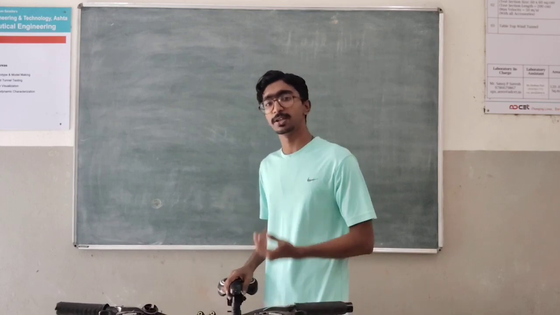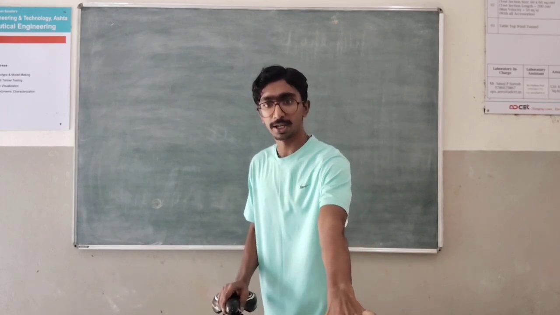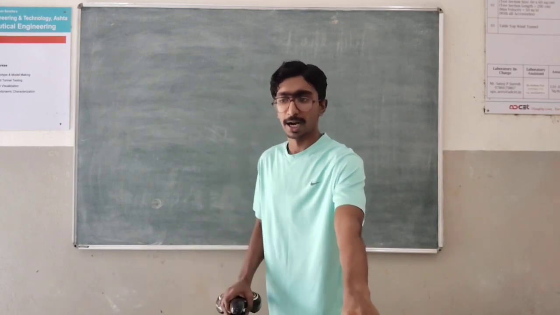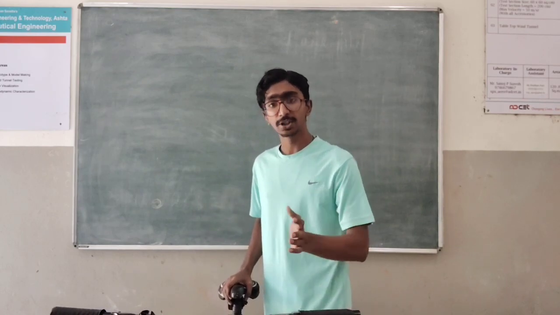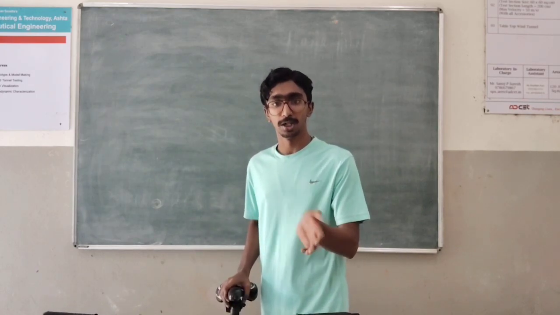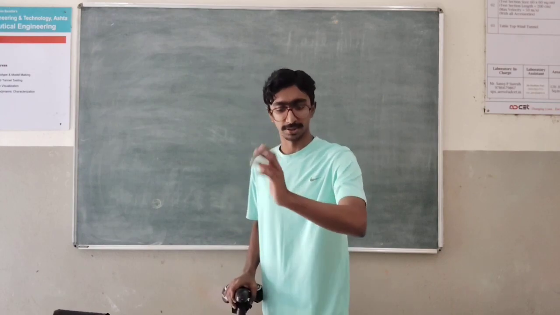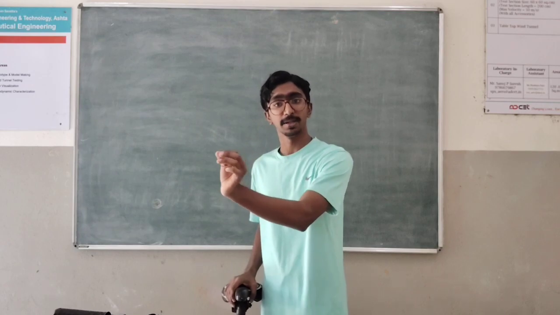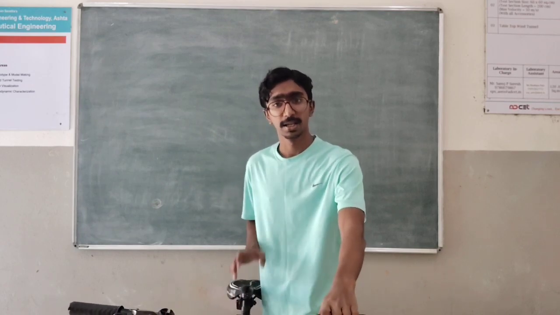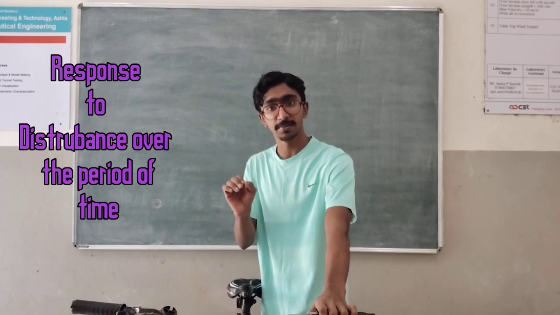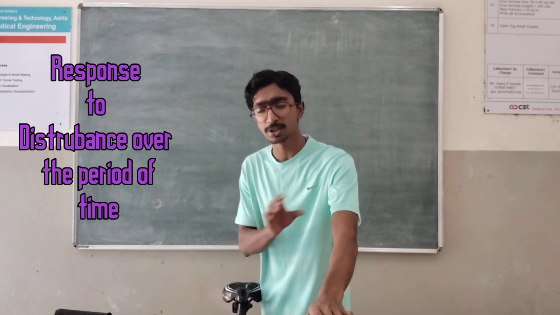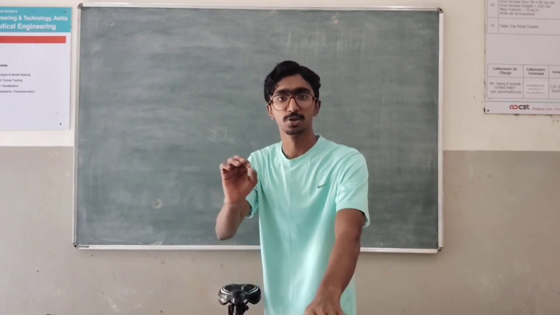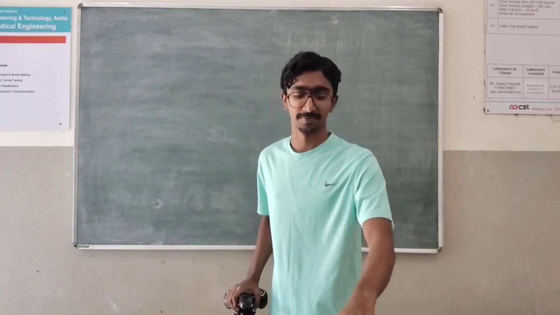Now the word dynamic stability is related to this one. Suppose the cycle is moving and it has to maintain stability throughout the cycling process. This is known as dynamic stability, meaning the response to the disturbance over time is known as dynamic stability.